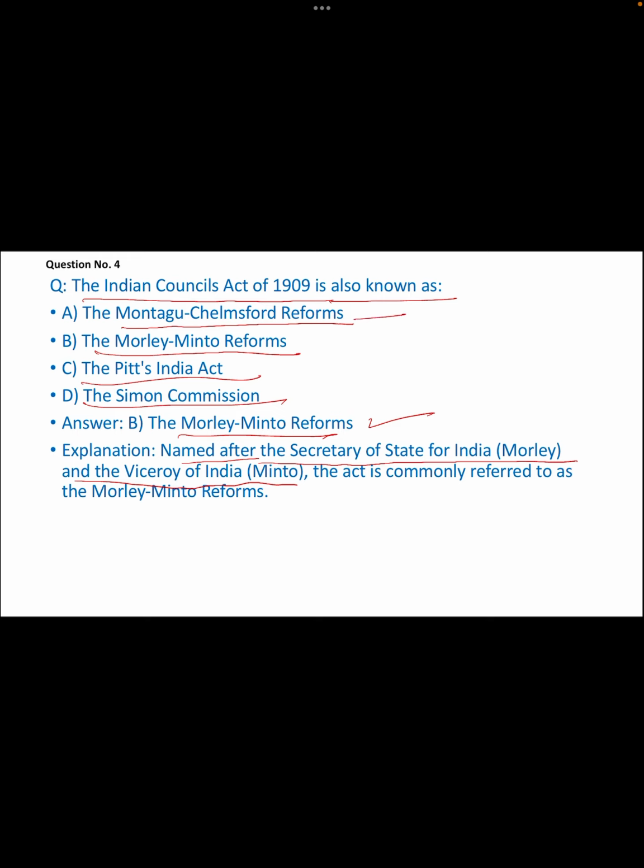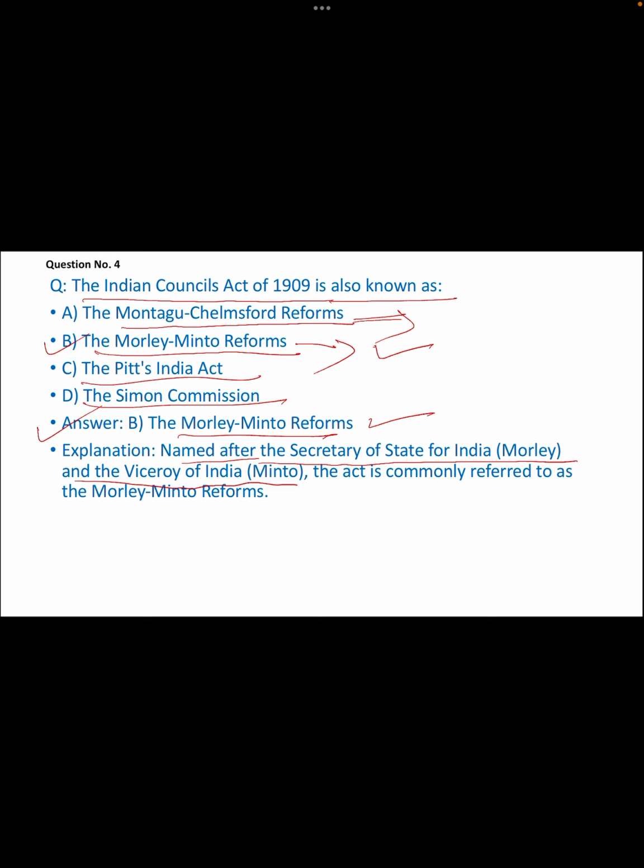But A, that is Montagu-Chelmsford Reform, is known for the introduction of self-governing institutions in India. And Morley-Minto Reform is known for separate electorate, right? As I said, the answer is B.